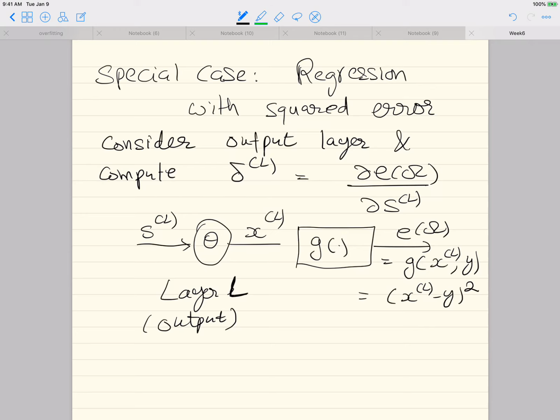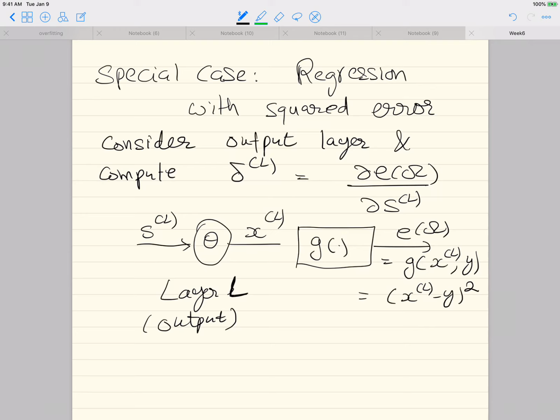So I want to just compute this one value right now, dE by dSL. I'm not looking at previous values. We'll compute them after this. There are no weights here. SL is what comes into the output layer. I apply the activation function and get XL. So in this pipeline, there are no weights needed at this stage.